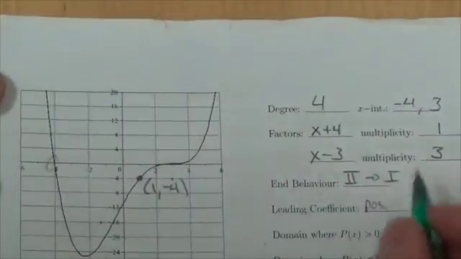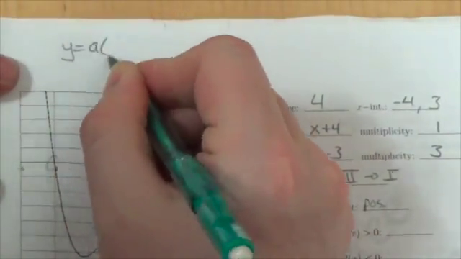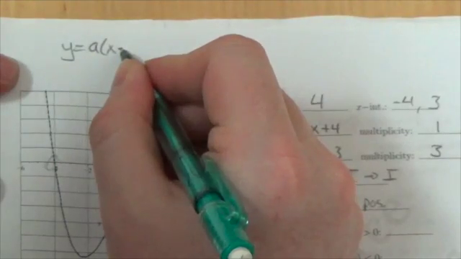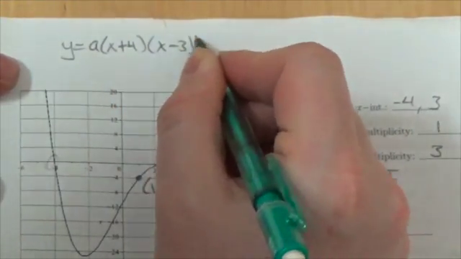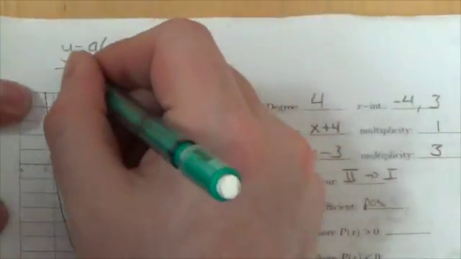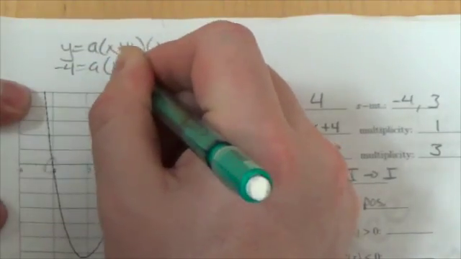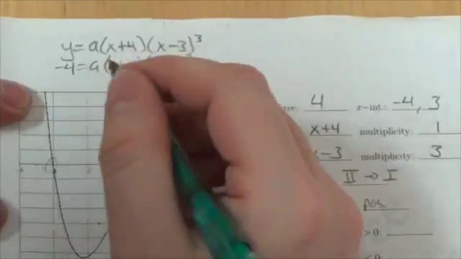So I know, based on the information that I've just given, that this could have the equation y = a(x + 4)^1(x - 3)^3. And now if I plug in that point, -4 = a(1 + 4)(1 - 3)^3. Okay, well what is this?